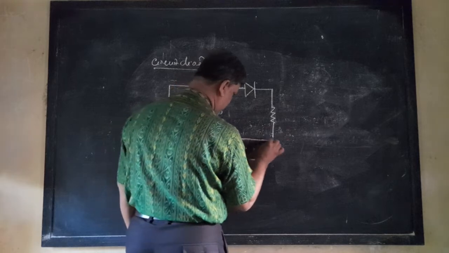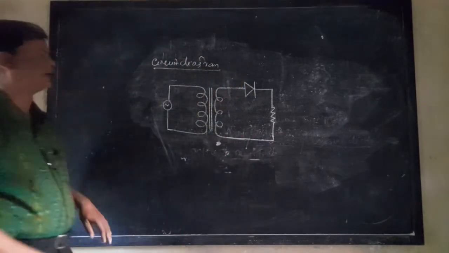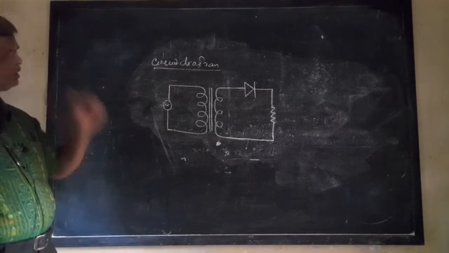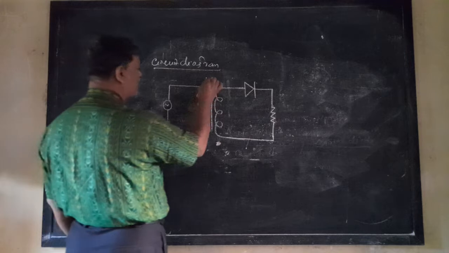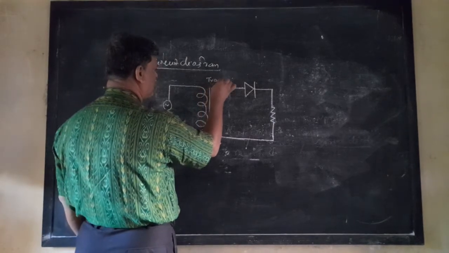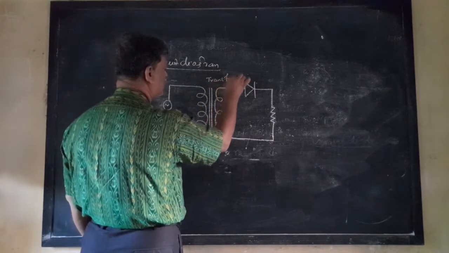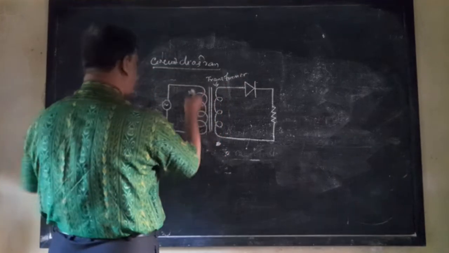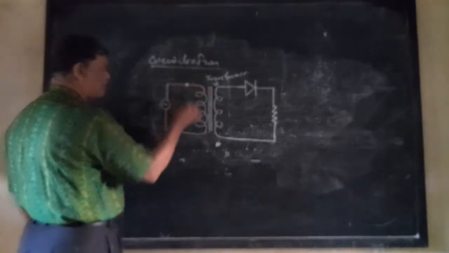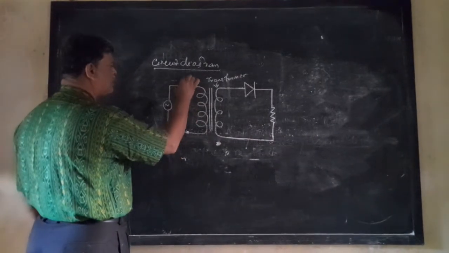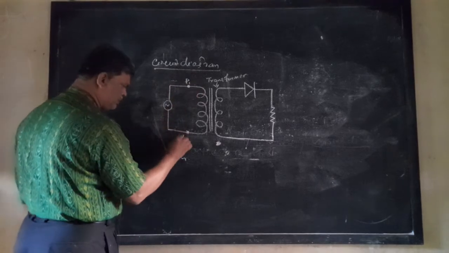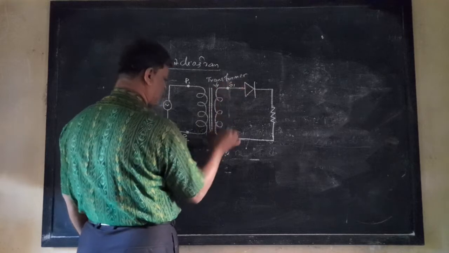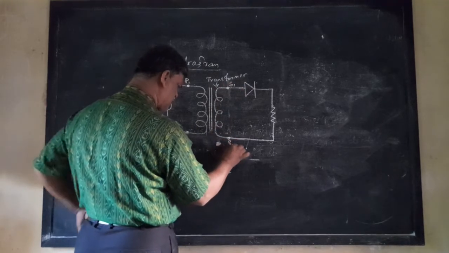This is the circuit diagram of half-wave rectification. This is the symbol of transformer, and this is known as the primary coil, with terminals P1, P2. And this is your secondary coil, S1 and S2.